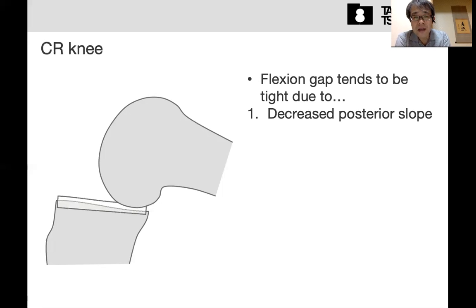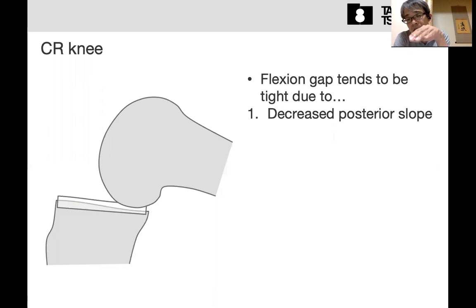And most patients have a steeper pre-operative posterior slope, especially in Asian countries.